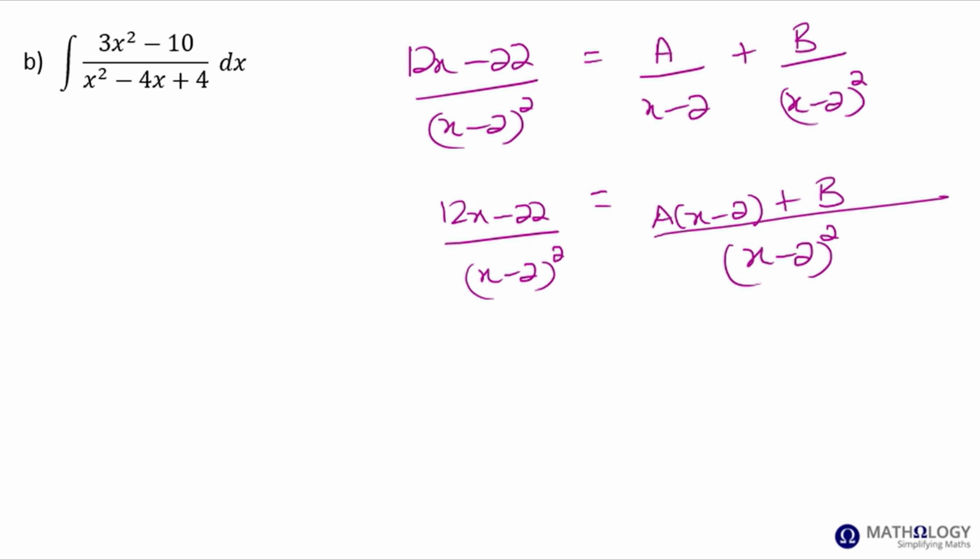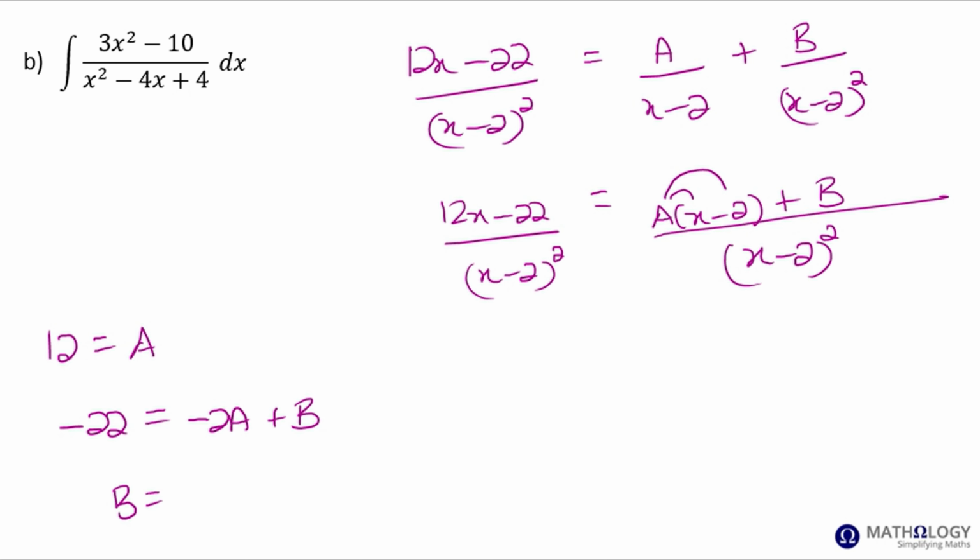Now we're going to compare the coefficients of the numerators. So starting with x, we have 12, the coefficient of x. The coefficient of x on the right is only a, right? That's the only expression we're going to get there. So a is 12. The constant is minus 22, and that equals a times minus 2, so minus 2a, and b.